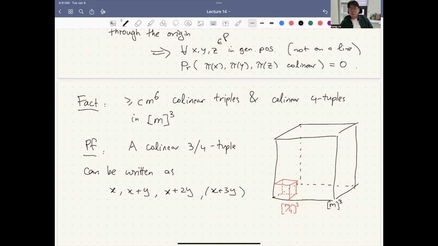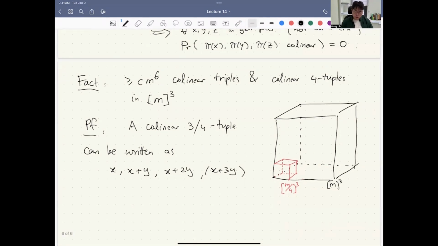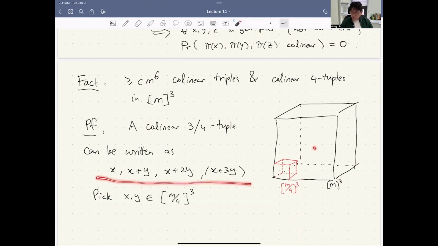That means for every one of these collinear 3- or 4-tuples, we just need to pick x, y in here, and then all these points lie inside here.